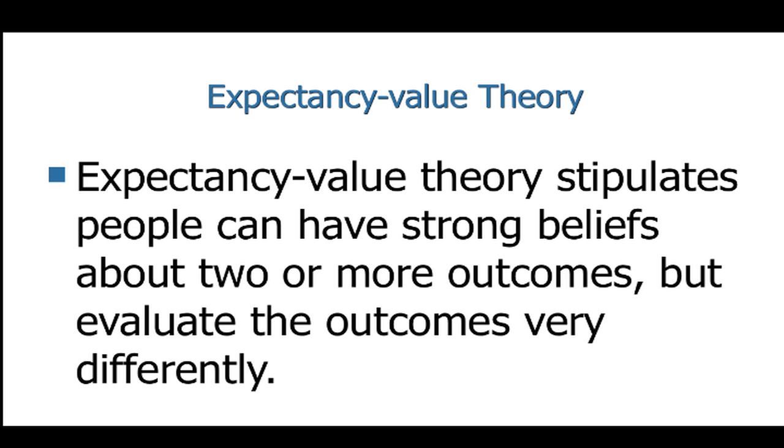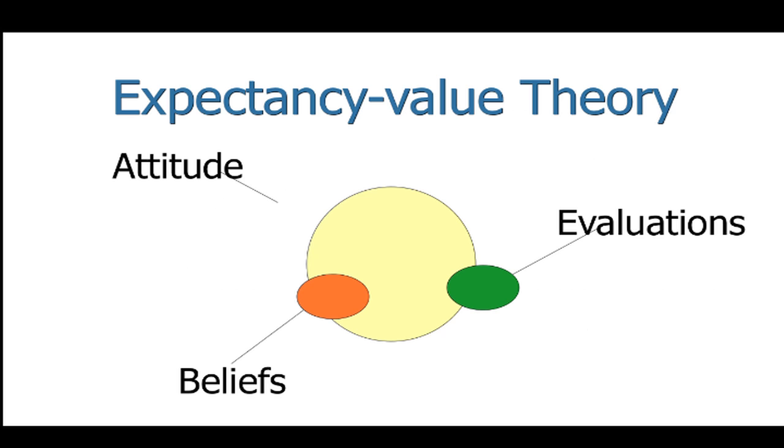Expectancy-value theory stipulates people can have strong beliefs about two or more outcomes, but they evaluate the outcomes very differently. In expectancy-value theory, those beliefs and evaluations are encompassed as a part of that attitude bubble.